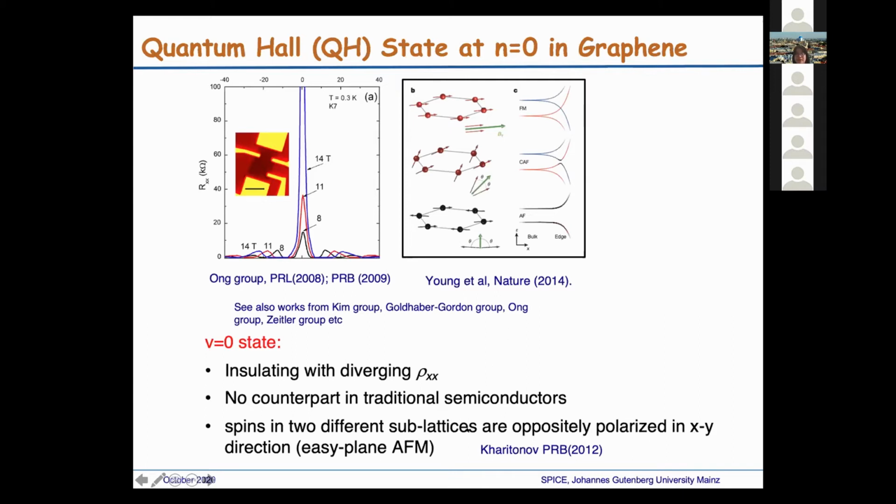I should say the theoretical prediction for this state actually predates this experimental work and was provided by Kharitonov in 2012. So this is basically an antiferromagnetic state coming from the electronic interactions in graphene.